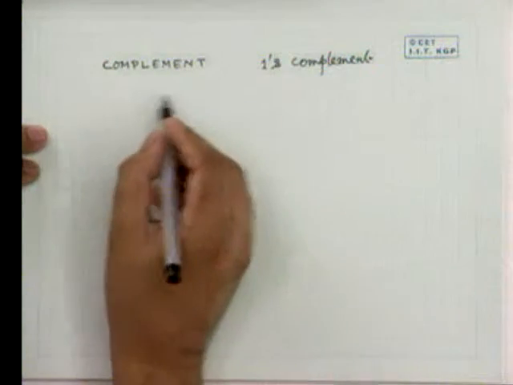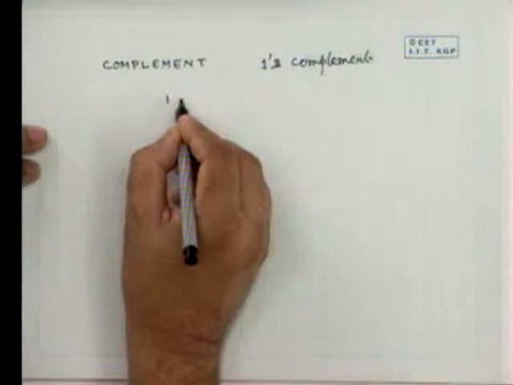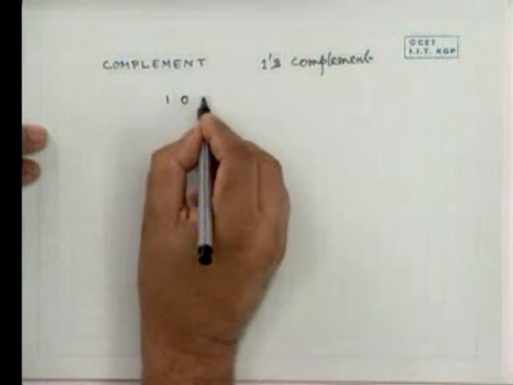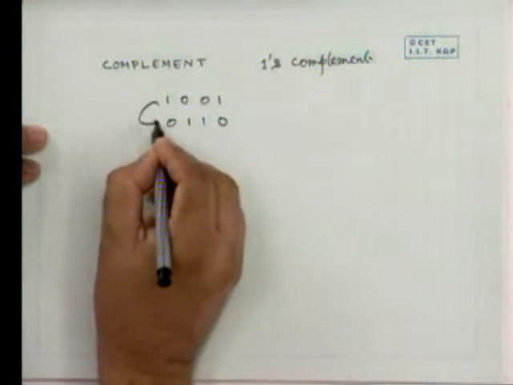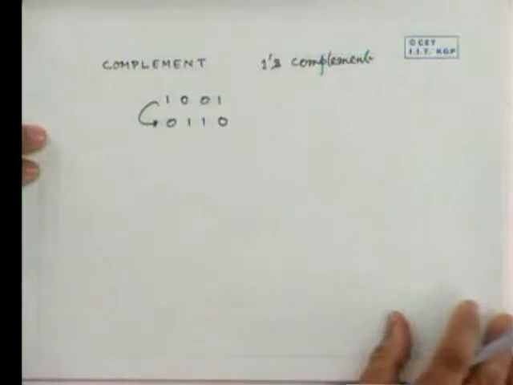Which means if we have, assuming a 4-bit operand, 0 1, then the complement will be 0 1 1 0. That will be the complement, the one's complement of the original number.